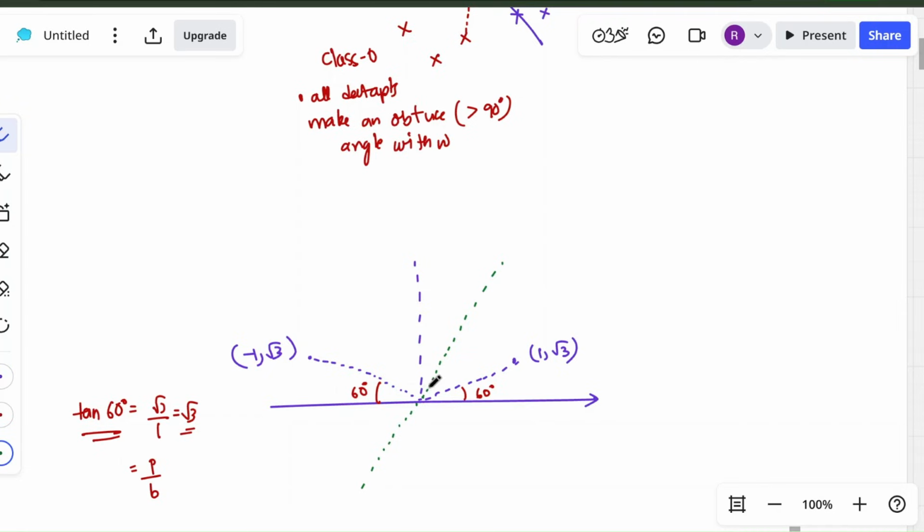So whatever W is in this region, all of these W's will predict this data point to be of class +1. And this whole thing is 90 degree. This whole thing is also 90 degree, which means this is 30 degree.